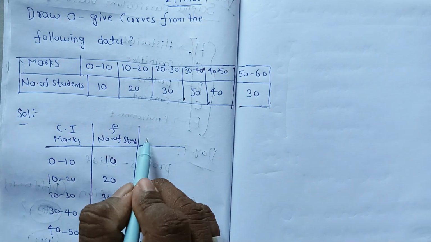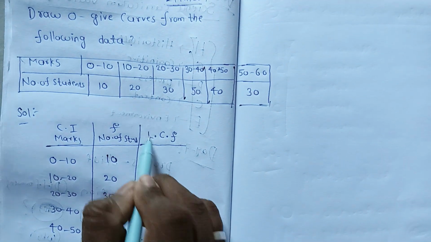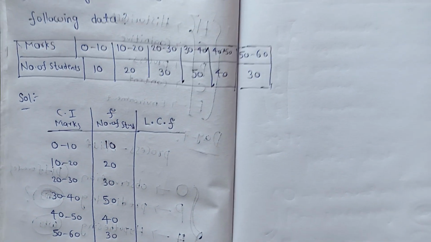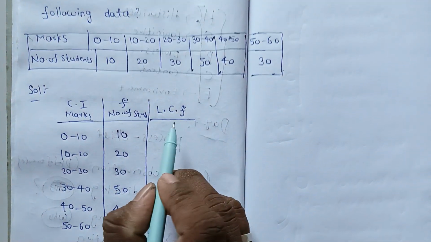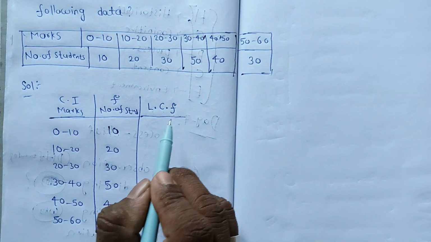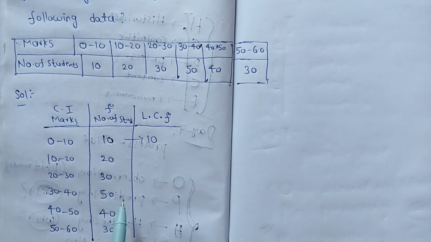Calculate less than cumulative frequency. We can easily find the less than cumulative frequency, that is LCF. The first number you have to take as it is.